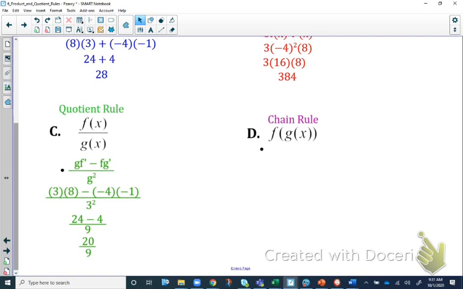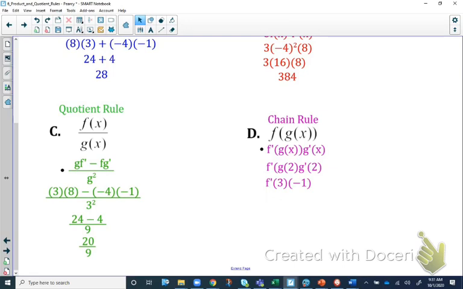So here for the chain rule on D, I'm going to take the derivative of the overall function and multiply it to the derivative of the inside part, which would be function g. Okay, so that's how I'm setting this one up. So plugging in here, I'm going to plug in the 2 for the x's, and in this case, g of 2 has an output of 3, and g prime of 2 is given to be an output of negative 1.